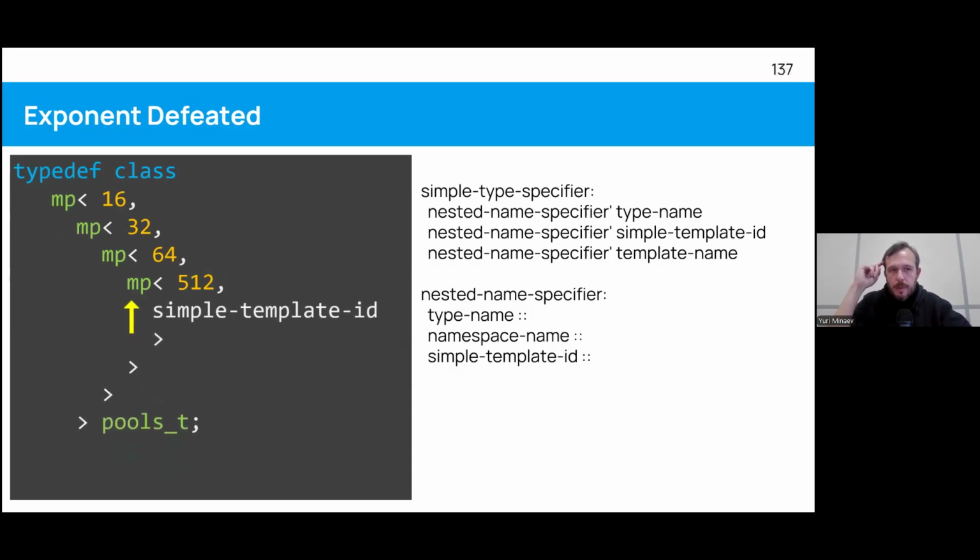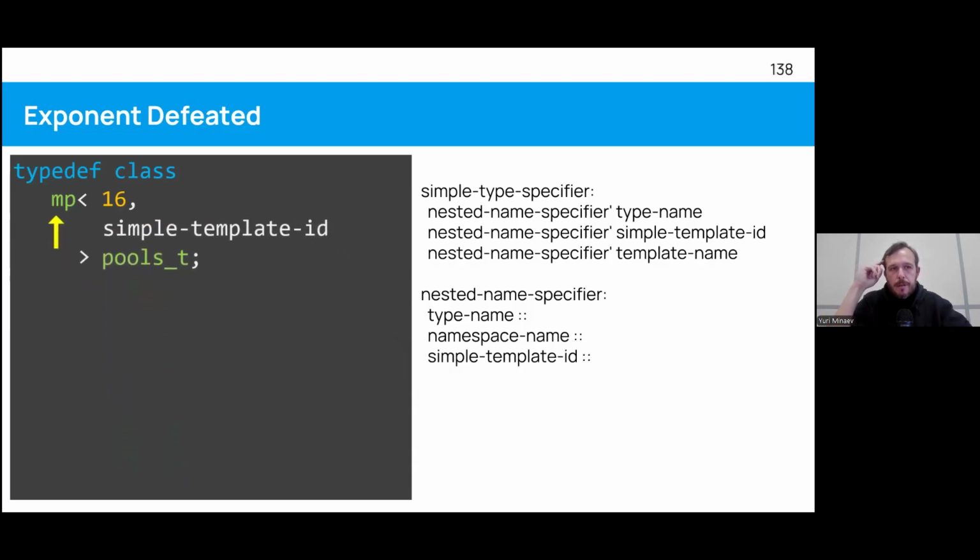So it continues back, back, back. Eventually we go here. Again, when we go through that entire template ID, to the closing triangle bracket, we will backtrack because it's not a nested name, but we will have parsed the simple template ID successfully. So we backtrack, we go forward again, we see, hey, we already have that thing parsed.